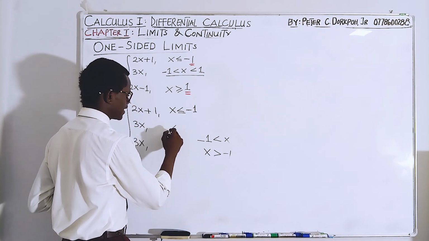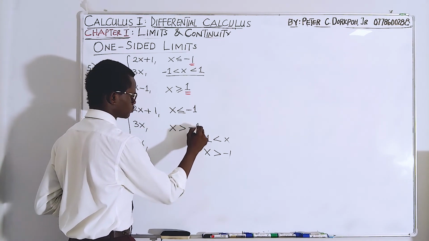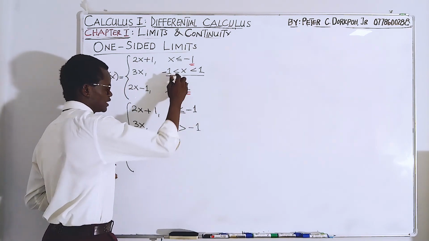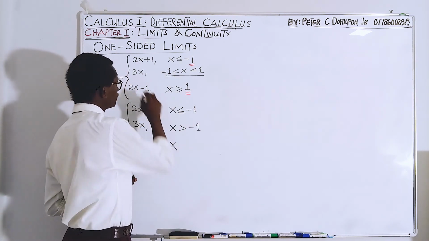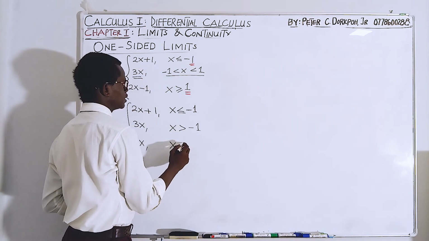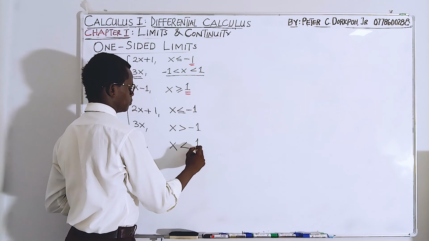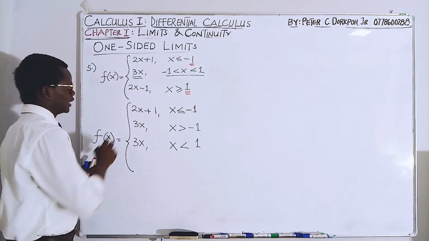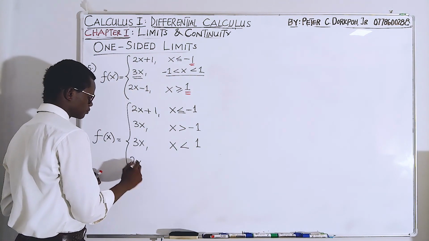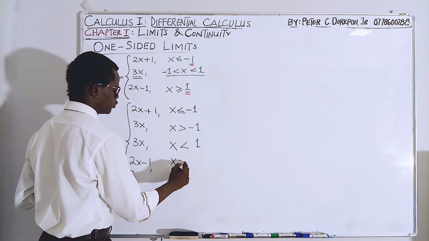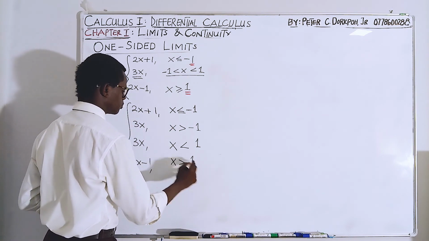So here will be x greater than minus 1, and the domain for this function is x less than positive 1. And then the last function 2x minus 1, we have x greater than or equal to positive 1.